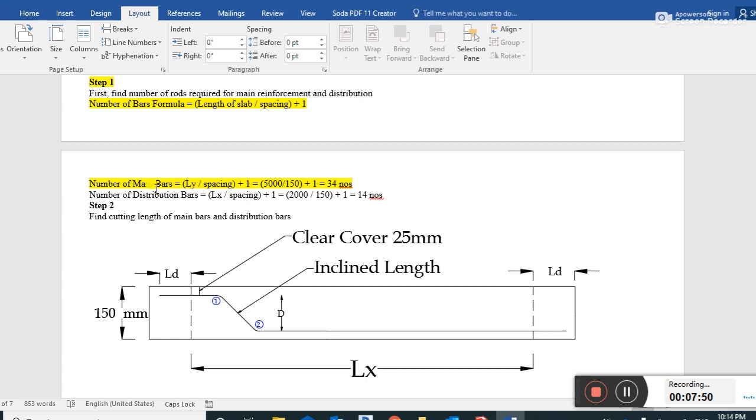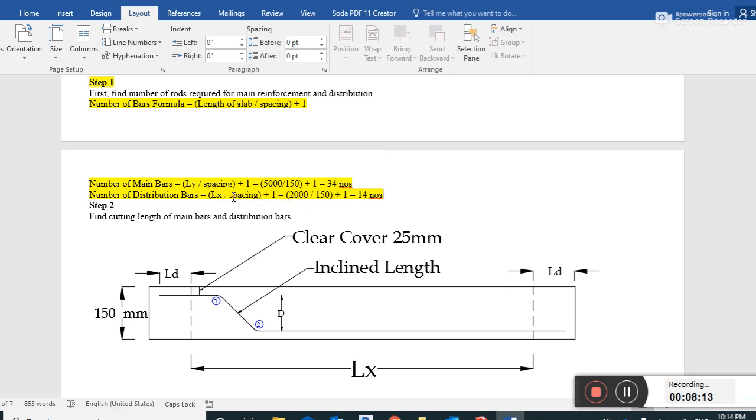Number of main bars equals ly divided by spacing plus 1. Ly is 5,000, spacing is 150, plus 1 is in the formula. It becomes 35 numbers.